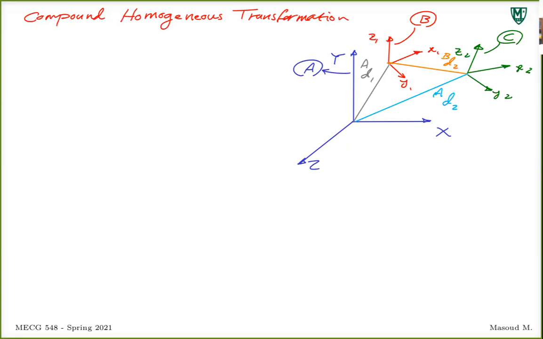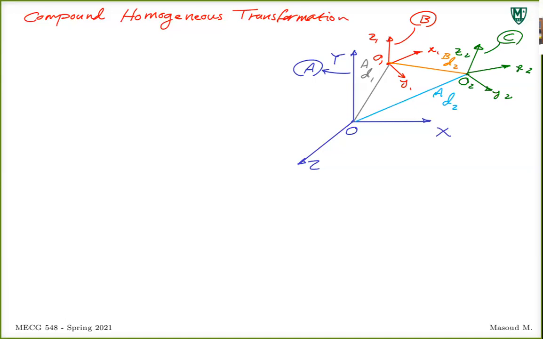And the coordinates of the origin of frame C, represented by X2, Y2, Z2, in frame A, is represented with D2A. These are origins, so you can think about this as O1, uppercase O, and the other one as O2, right?